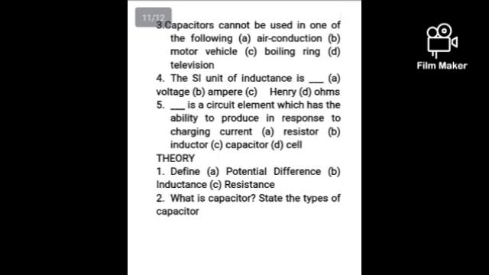Theory aspect: potential difference, inductance, resistance. What is a capacitor? State the types of capacitor. I want to believe we just finished this one today. So you go into your notes, go into this video. I want to believe you can have more understanding of this.